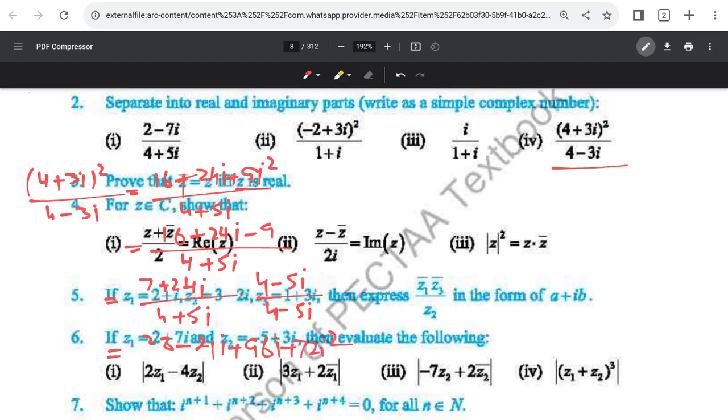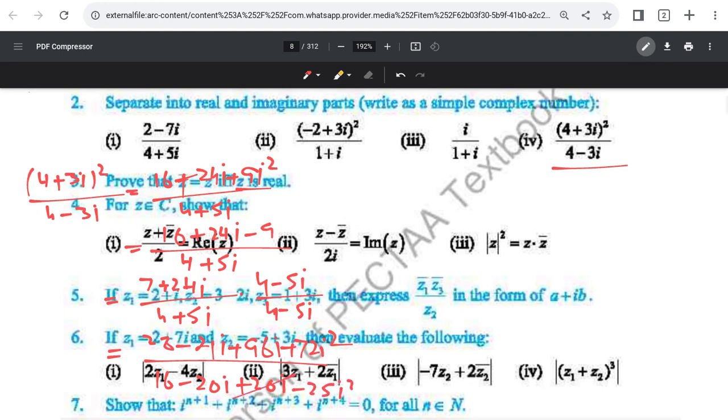Okay, then we multiply the denominator. The denominator is 4 times 4, 16, plus 20i, then minus 20i, then we have 25i².